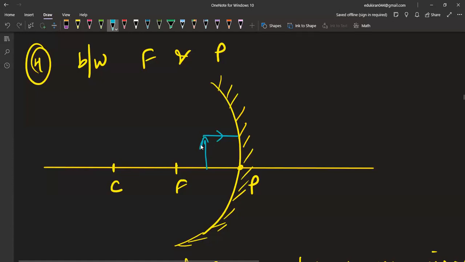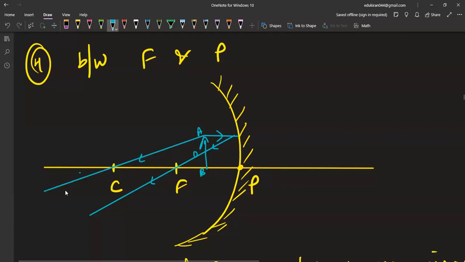So this is the object AB. According to this, the light ray will be parallel and pass through the focus. Please draw it properly. There is some lagging here because of the graphics. So this is passing through the focus. According to the second rule, the second ray of light passes through the center of curvature.